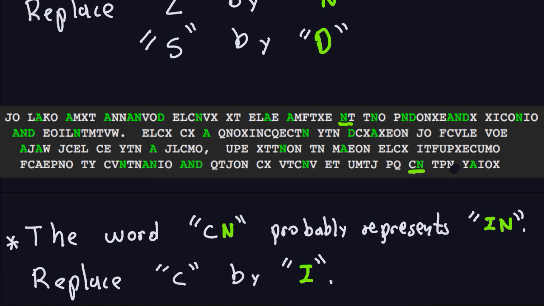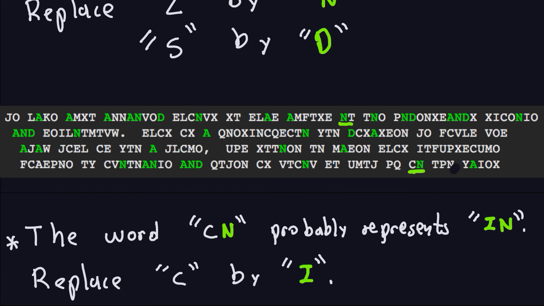What that will mean is that the letter C of the ciphertext will correspond to the letter I in the plain text. So what I'm going to do now is exactly the same as before. I take the letter C and I'm going to replace it by the letter I in green. Everywhere in this message, everywhere you see a C, you replace it by I, right? So for example, in this word here, you see a C there. I'm going to replace that C by the letter I.